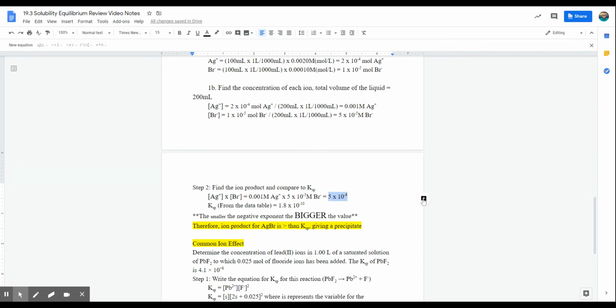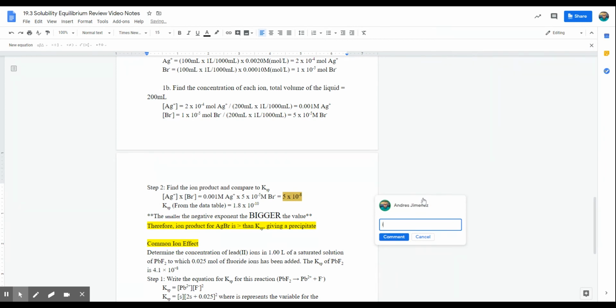I'll write it on the side, this is my ion product, not to be confused with the solubility product, which is here. So ion product is multiplying the molarities. Solubility product is the likelihood of them dissolving. So from the data table, you have to click on the reading up above, there's a link.